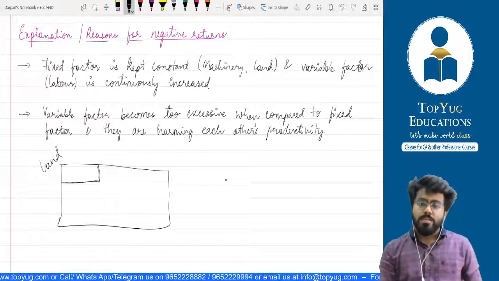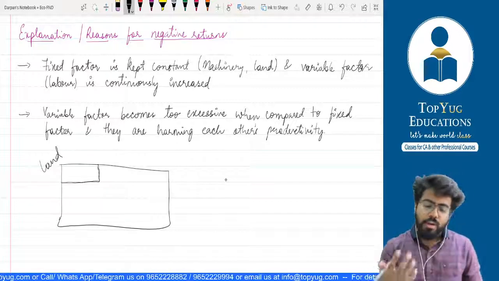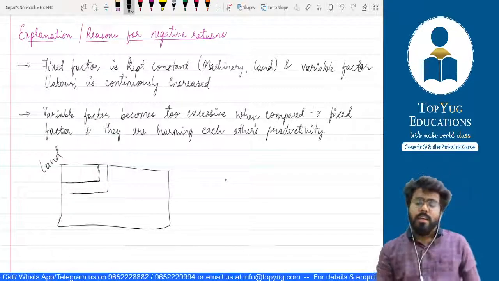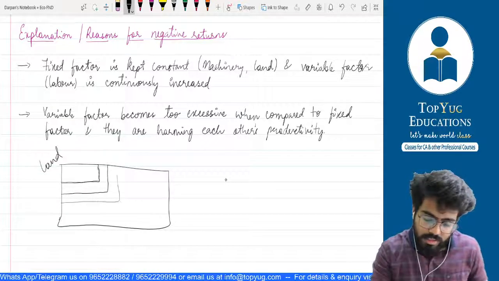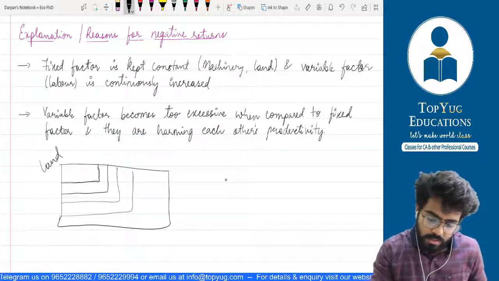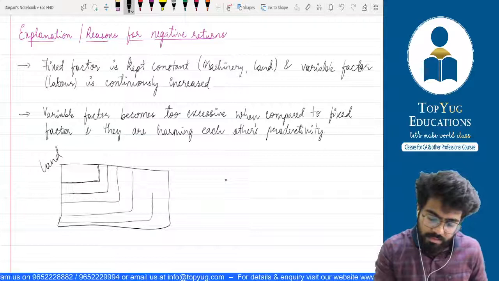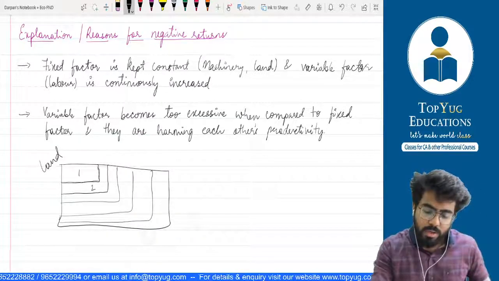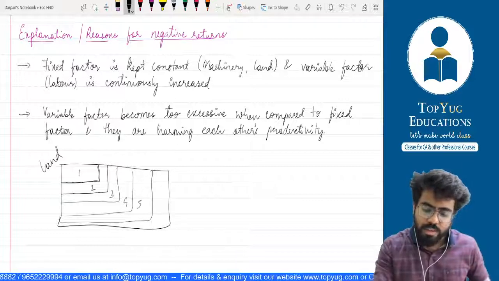I employed another laborer. The other laborer along with the first was able to cover this much land. Then again third, fourth, like this I've employed, let's say, 6 laborers. So this was by 1, this was by 2 laborers, 3 laborers, 4, 5.